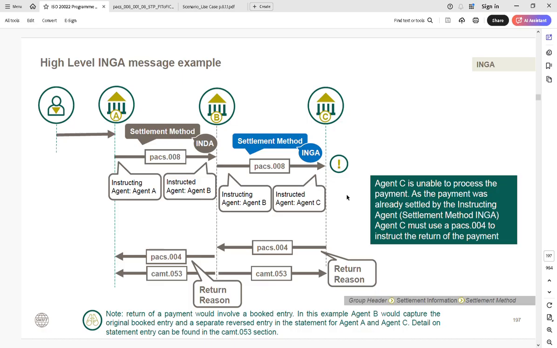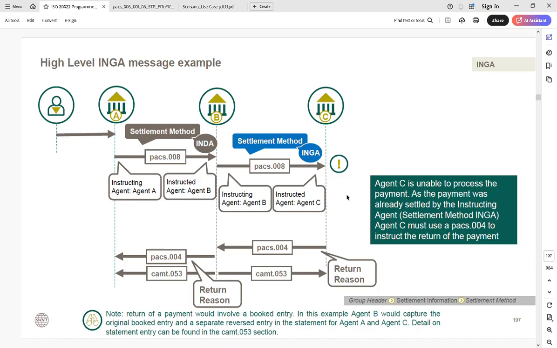No, CAMT 56. Okay, so CAMT 52 and 53 are statement messages. It is equivalent to your 940 and 950 messages. And CAMT 56 is a cancellation message which is used for cancelling the payment.